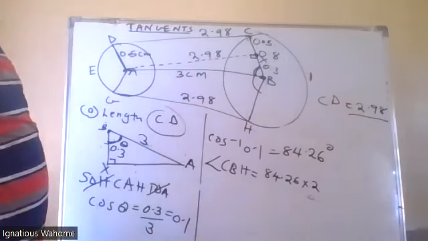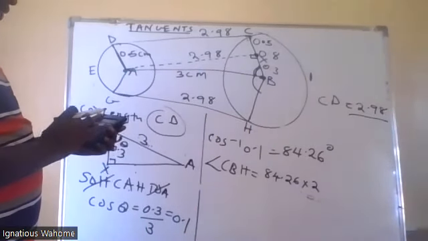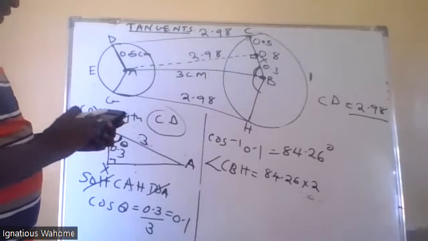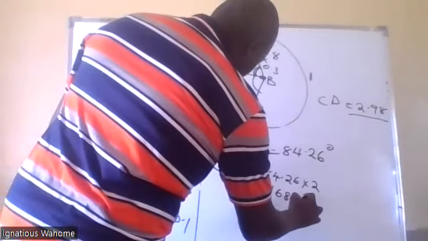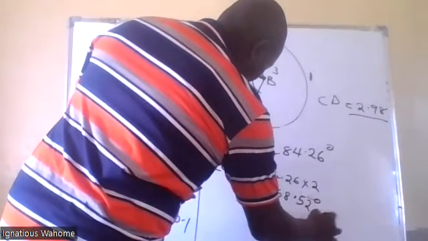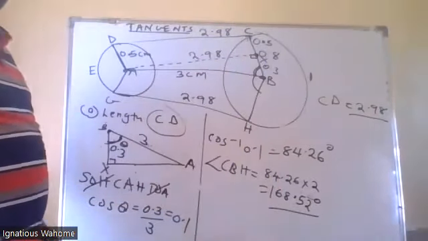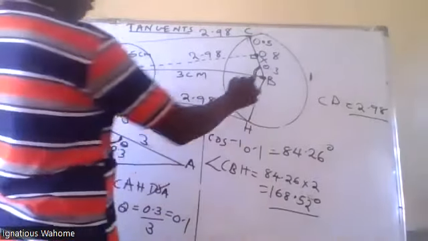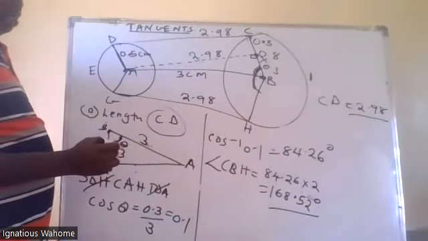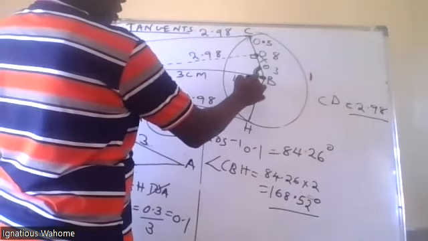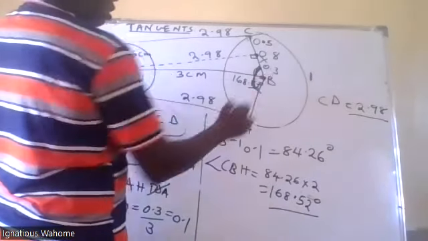So we multiply that answer by 2. 84.26 times 2 gives 168.52 degrees. So this angle is 168.52 degrees.